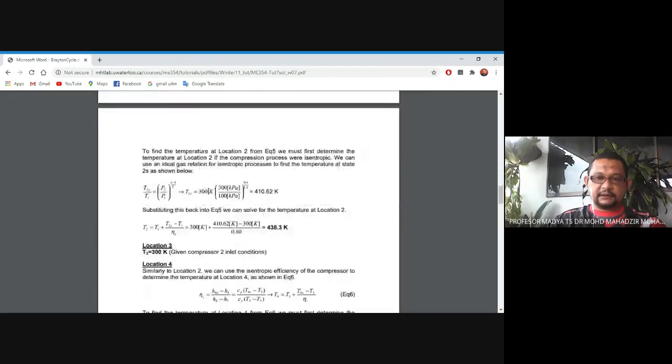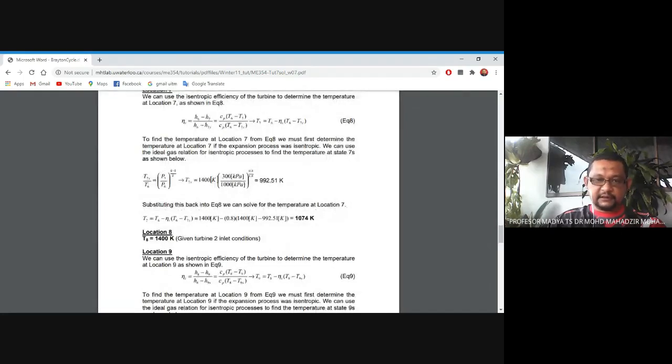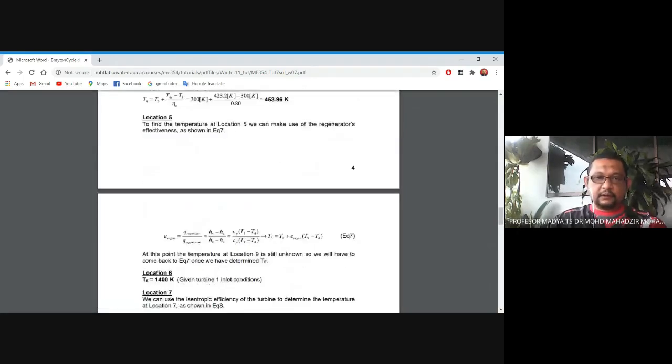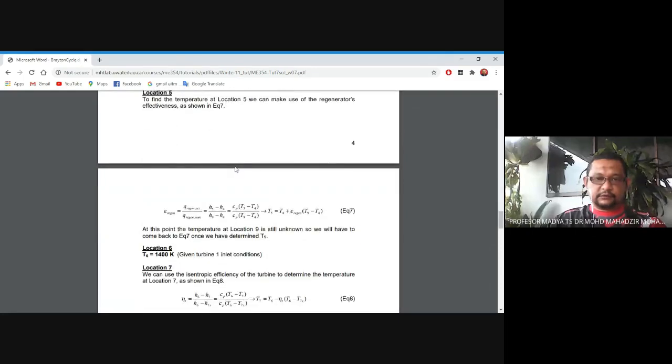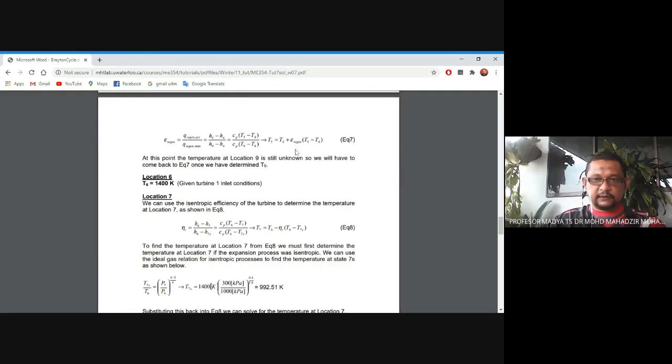Using that formula, you simplify the equation, and T5 is given by equation number 7.